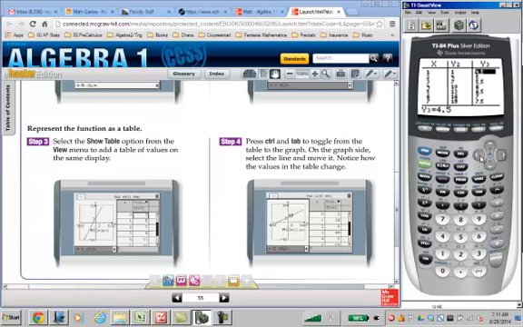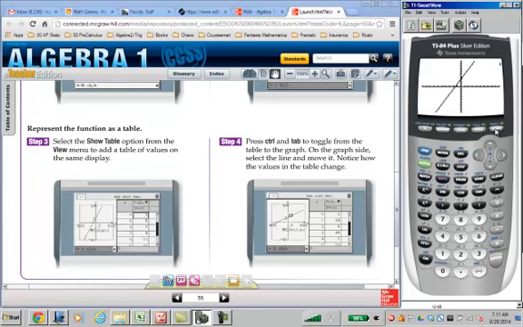Anyway, so you can get the same effect of moving the line by simply putting in different versions of linear equations and changing either the slope or the y-intercept.